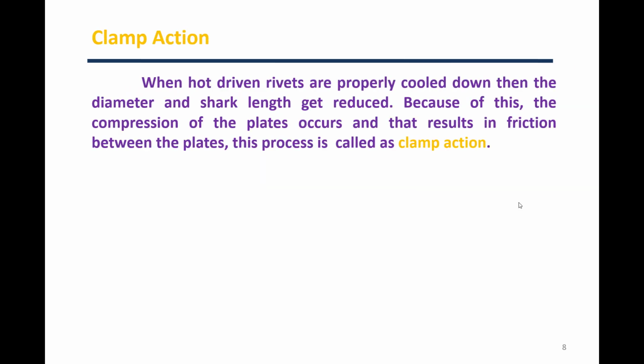For the clamp action, when hot driven rivets are properly cooled down, the diameter and shank length get reduced. Because of this, the compression of the plate occurs and results in friction between the plates. This process is called clamp action.